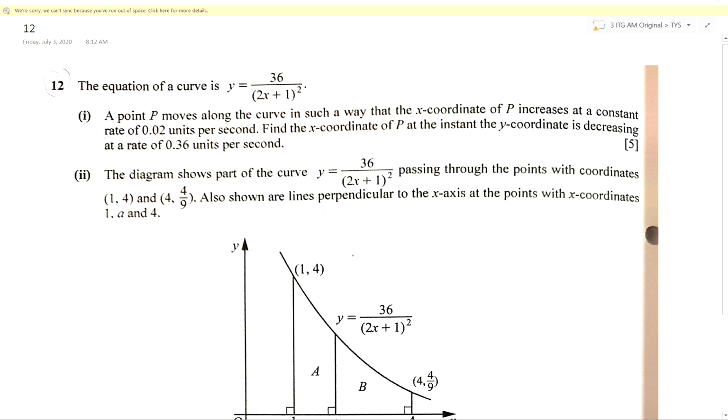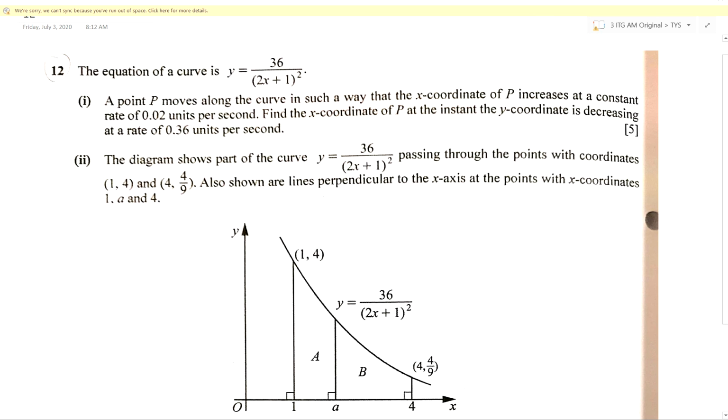Coming to the last question. A point moves along a curve in a way that the x coordinate of P increases. Okay, this part I need everybody to look up. All look up. The x coordinate of P increases at a constant rate of 0.02 units per second.